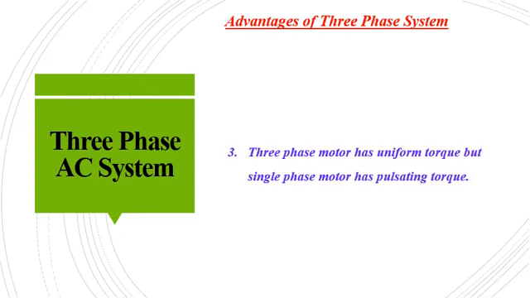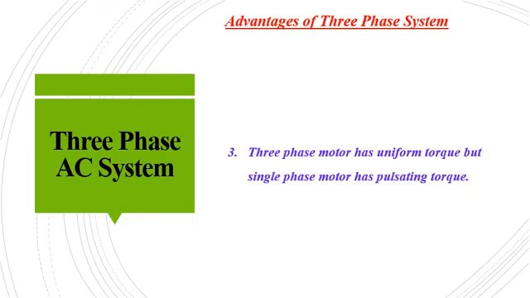Then the third advantage is regarding three-phase motors. Three-phase motors have a uniform torque. Why? Because the voltage is uniform. If you check the three-phase supply voltage, at any instant of time the voltage in one of the phases will have a peak value.